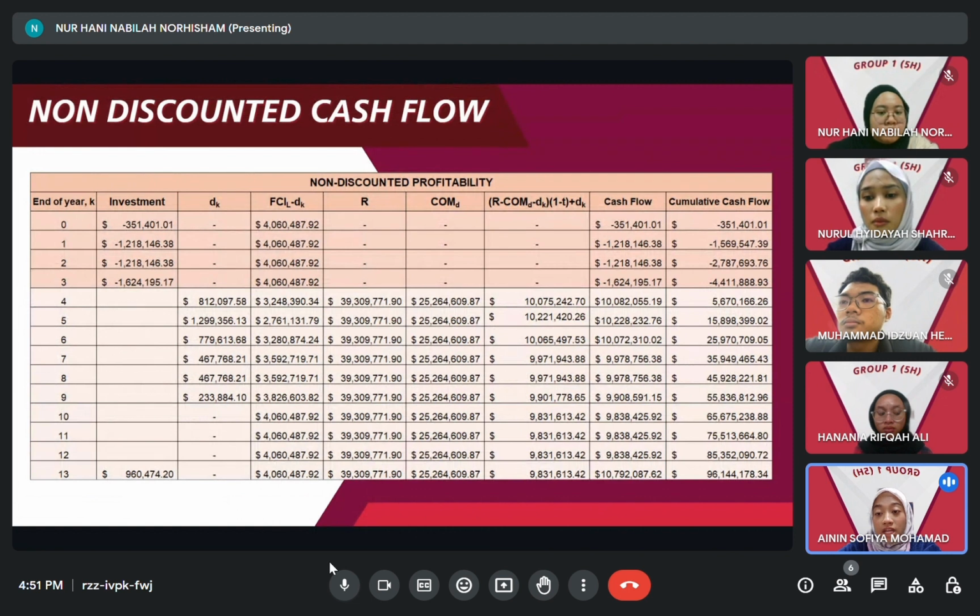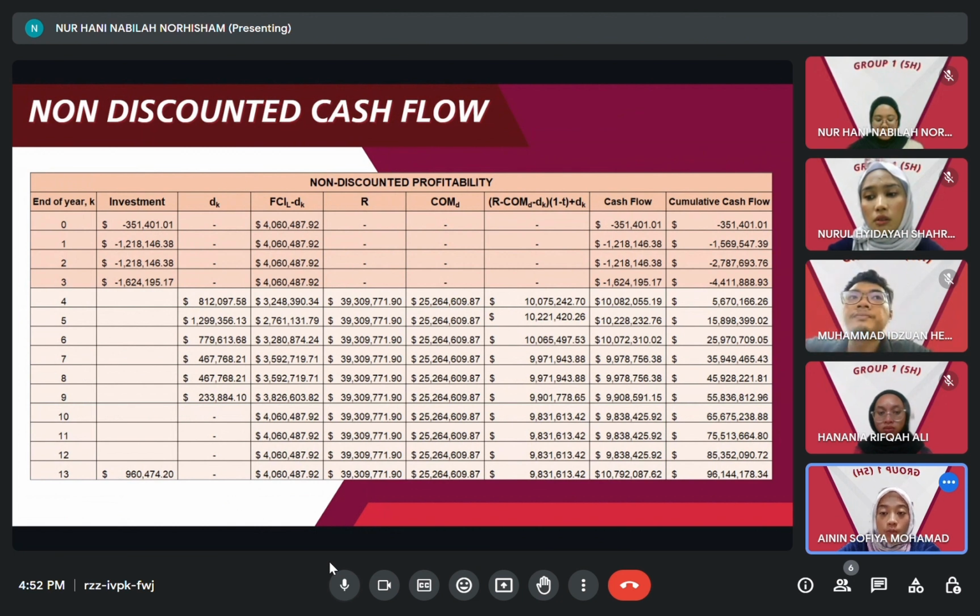Based on this slide, it shows the non-discounted cash flow table. The first column represents the end of year K, starting from year 0 until year 13. Year 0 until year 3 represent the construction period, and year 4 is where the project starts until year 13. The next column stands for the investment that we have listed out before, alongside the third column, which stands for the depreciation that we have calculated using the MACRS method for year 4 until year 9.